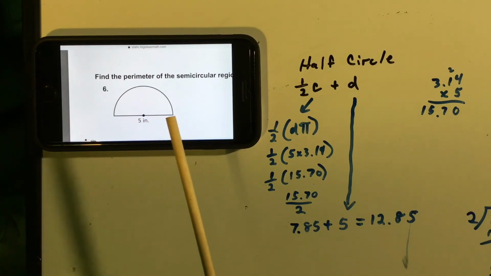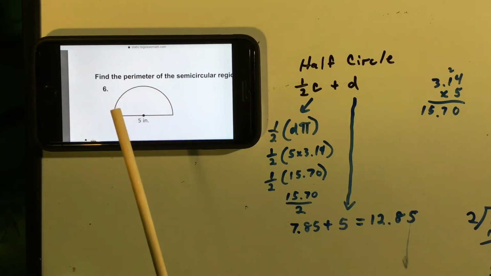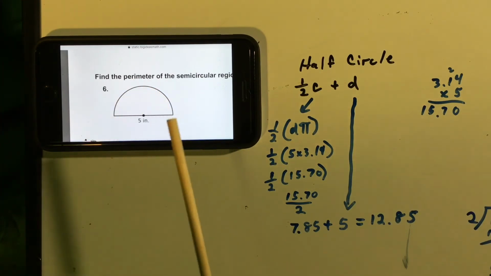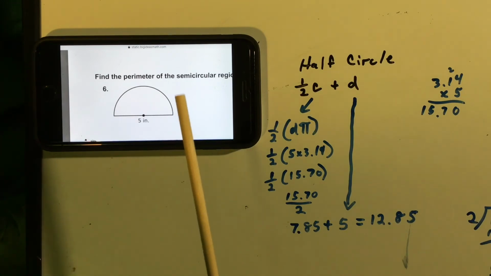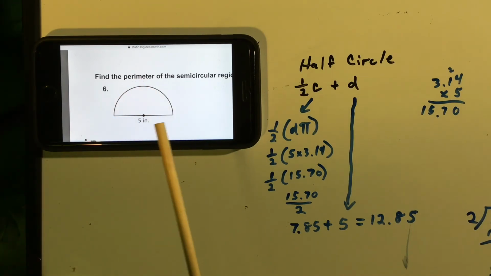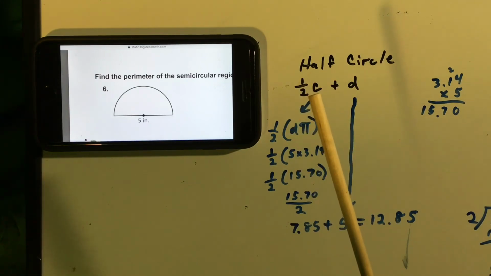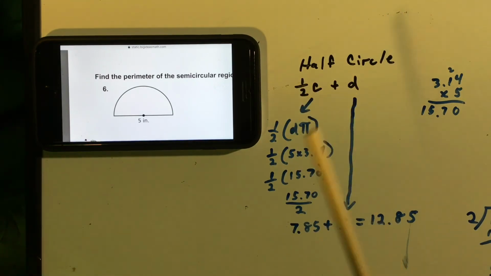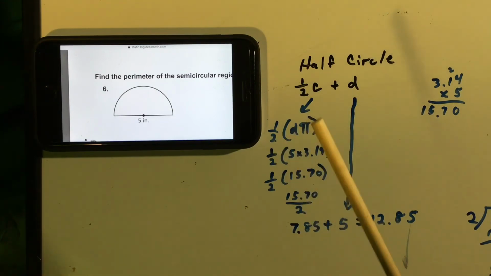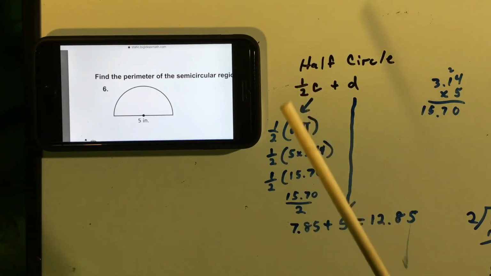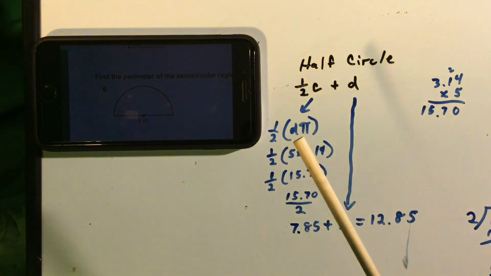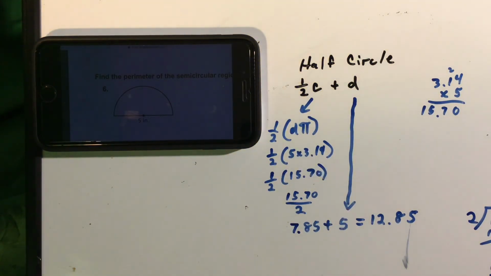So what we are going to have to do is add half of the circumference plus the diameter. So here's the formula. We're adding half of the circumference plus the diameter. So in order to find half of the circumference, we have to find the circumference, and we have to remember that to find the circumference, the formula is diameter times pi.